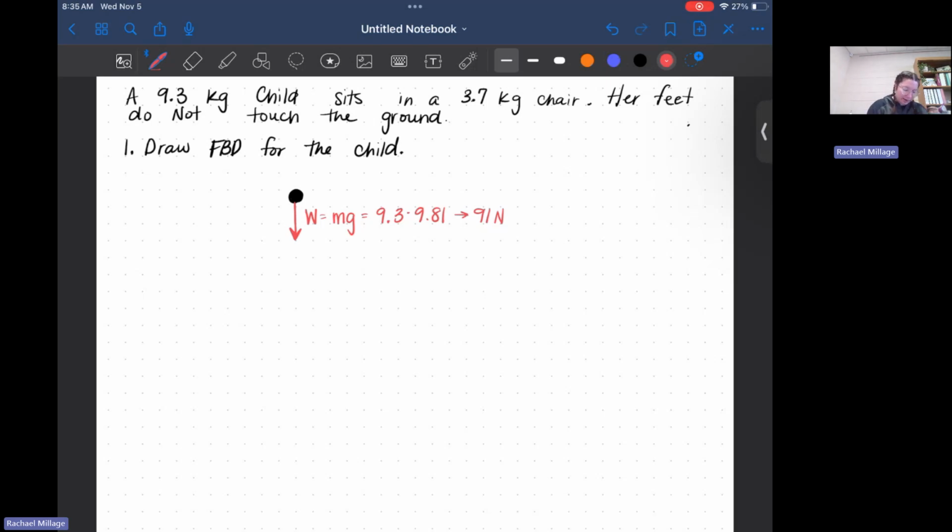That means that she's in equilibrium, which then tells us that the sum of our forces is equal to 0. So we have to balance out this force with the normal force of the chair pulling up on her. If she's in equilibrium, it has to be equal and opposite to her weight. So we know that also has to be 91 newtons.